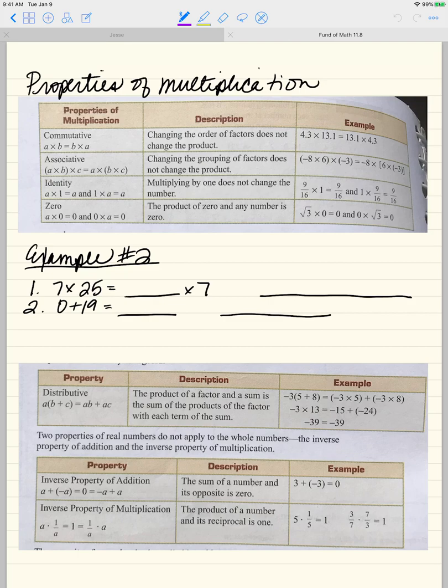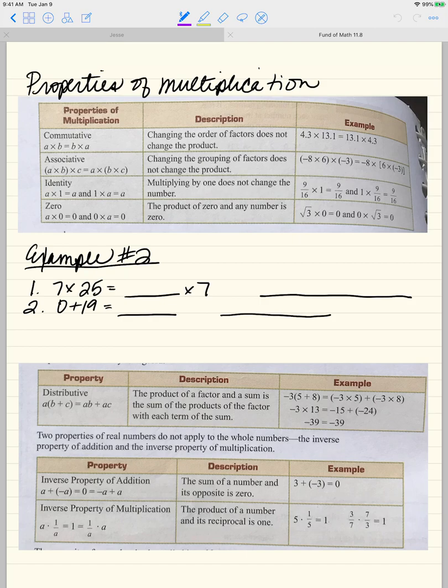Properties of multiplication that we have also talked about already this year. We have the commutative, which is just like the addition. We can change the order of the factors. Associative, we can change the grouping of factors in a multiplication problem. The identity property is similar, except that in multiplication, when we multiply a number by 1, it does not change the number.